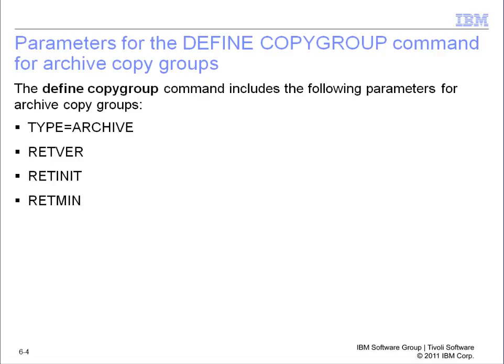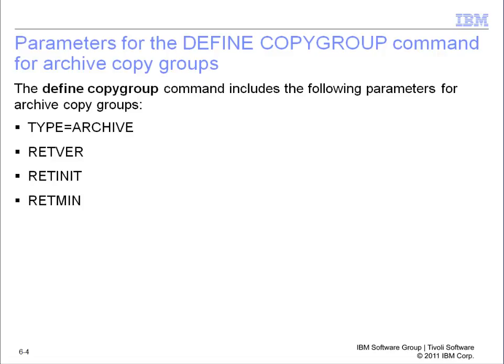Here's where if you have a file that needs to be retained for 7 years, you would set it here with the retver. Retinit, another optional parameter, specifies the trigger for initiating the retention time that is based on creation, or the other option is event. And then retmin is the minimum number of days to keep an archive copy after it has been archived.